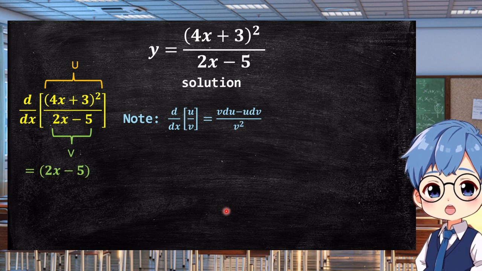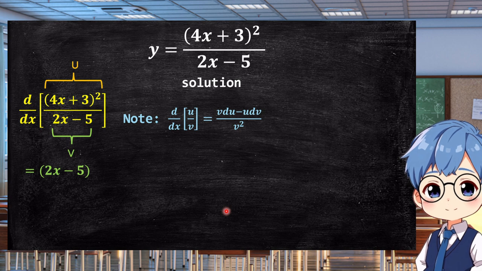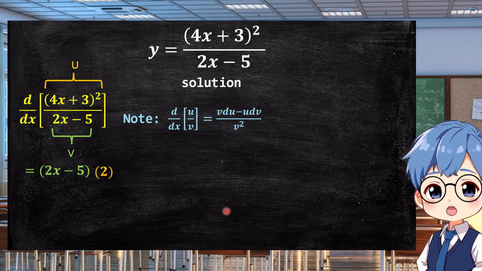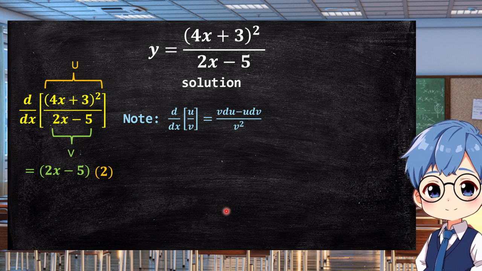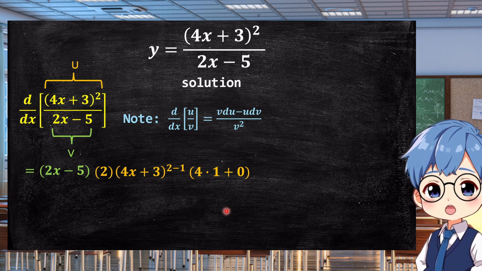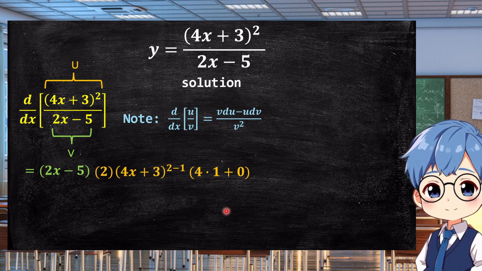So according to the formula, we write first v. So v is 2x minus 5, and then get the derivative of u. So we bring down 2 first. So for du, we will apply chain rule. Bring down the exponent 2, copy the given, subtract 1 to the exponent, and then again, don't forget to get the derivative of the inner function. So we have 4 times 1 for 4x, and then 0 for 3.